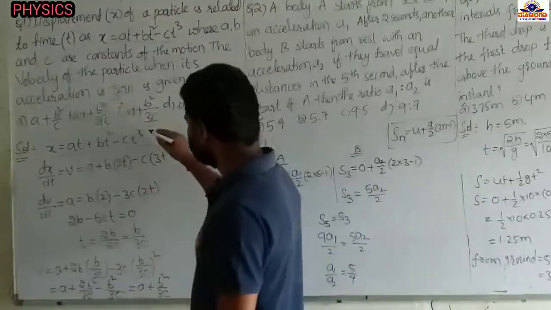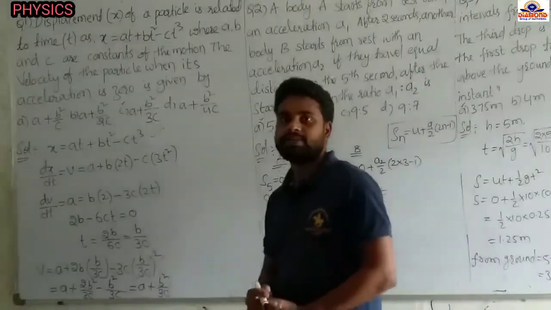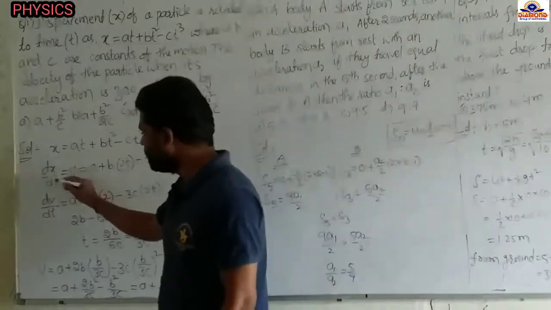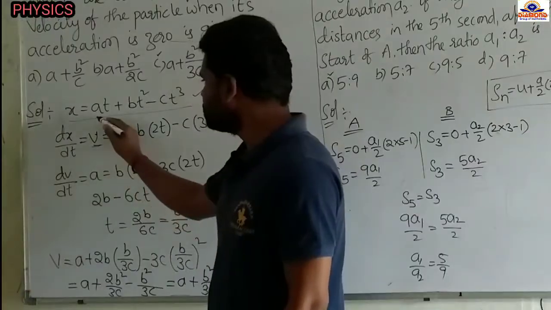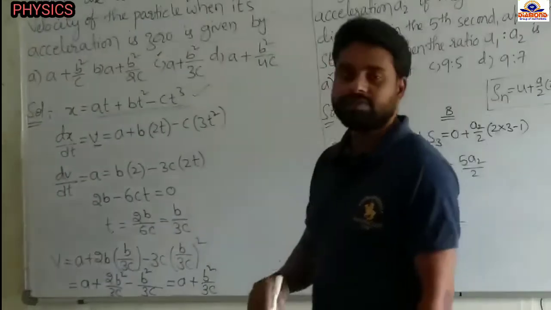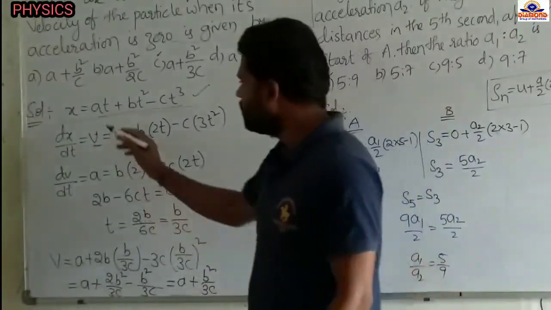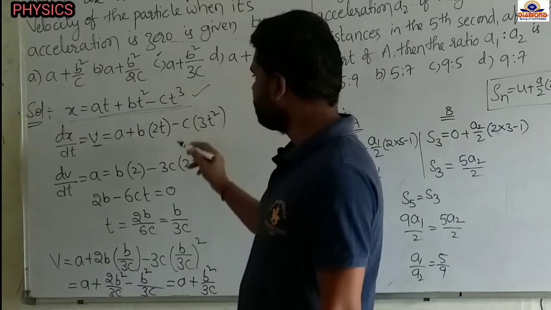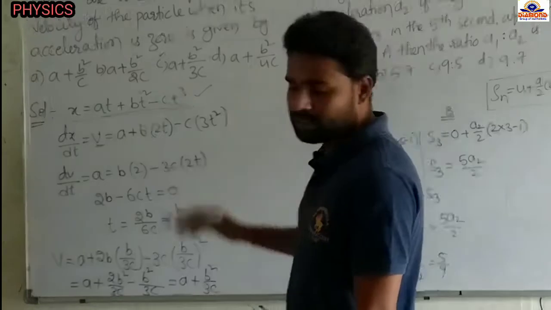They gave the displacement. If we differentiate the displacement with respect to time, we will get the velocity. Now dx by dt will give the velocity. So differentiating this equation with respect to time: a, t differentiates to 1, bt square differentiates to 2t, minus ct cube differentiates to 3t square.